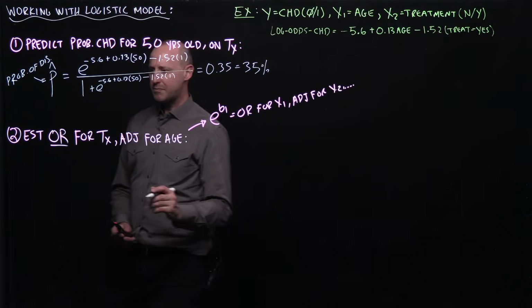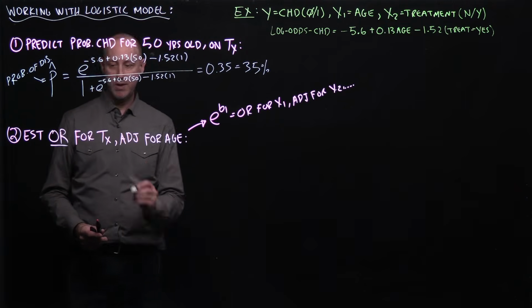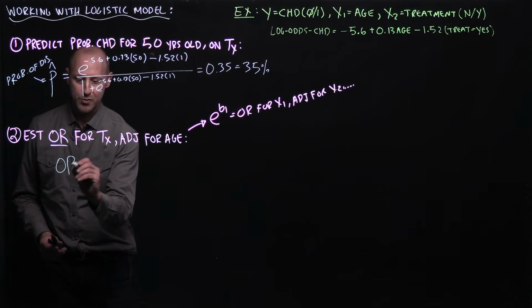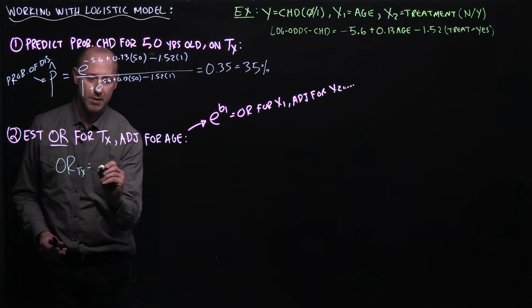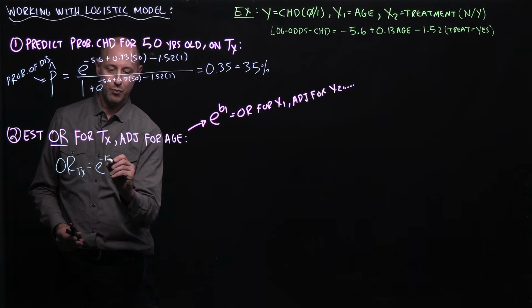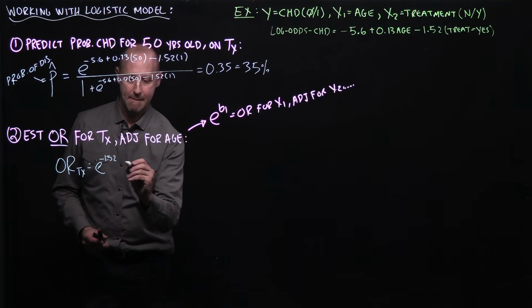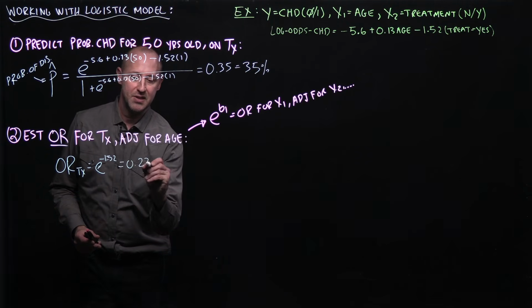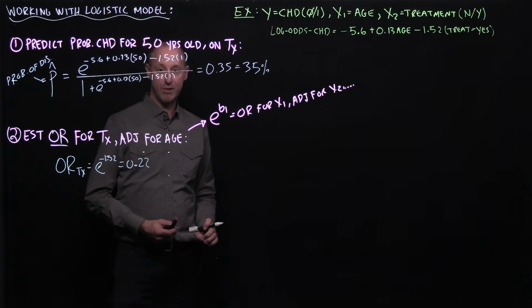But if we want the odds ratio associated with treatment, we can exponentiate that coefficient, negative 1.52, and that's going to get us the odds ratio associated with treatment.